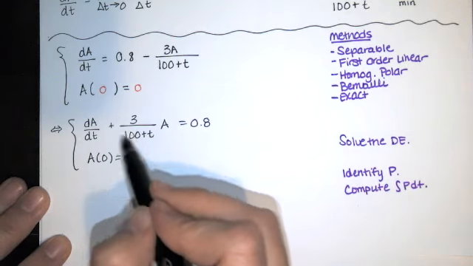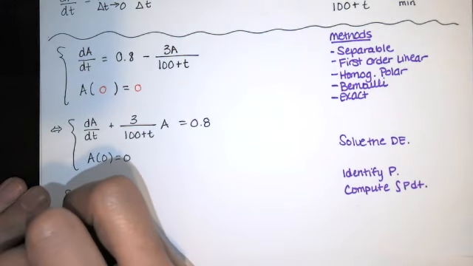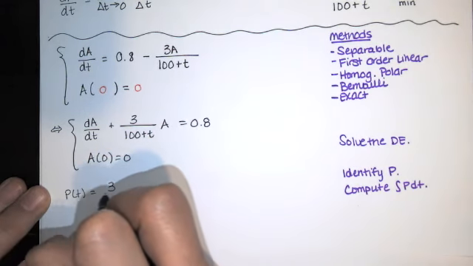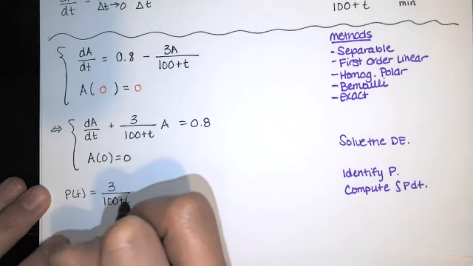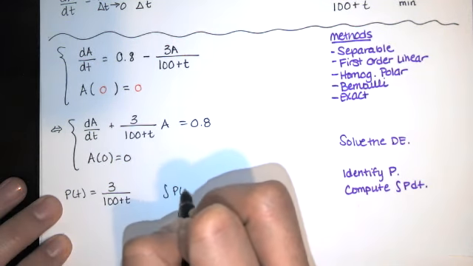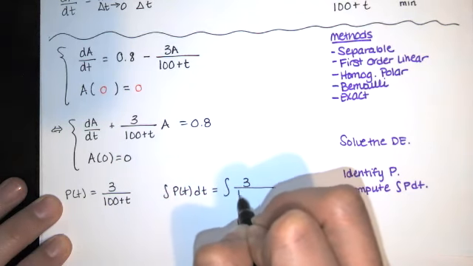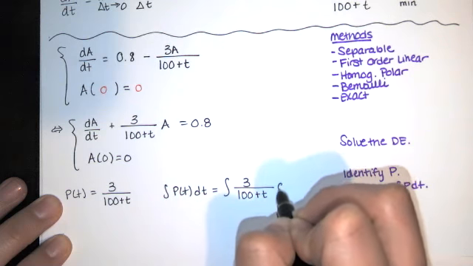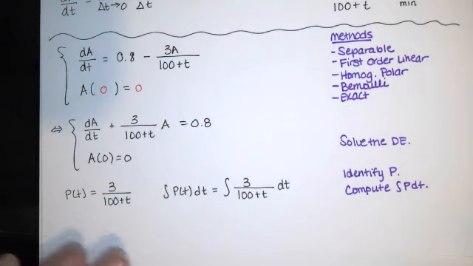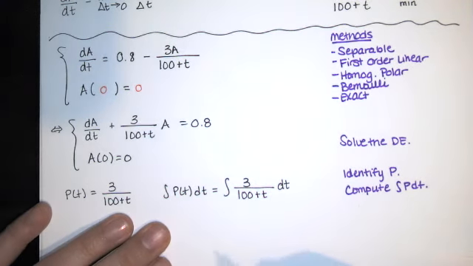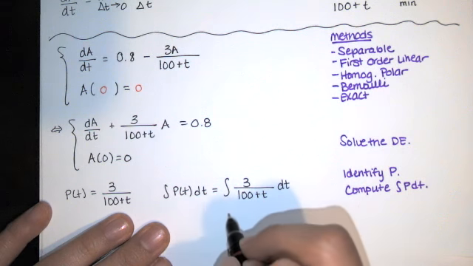So our p of t is the function in front of the A. And the antiderivative of p of t is the antiderivative of 3 over 100 plus t. Well, that can be found pretty easily with a u substitution.